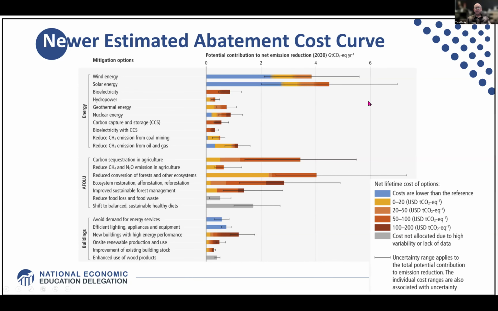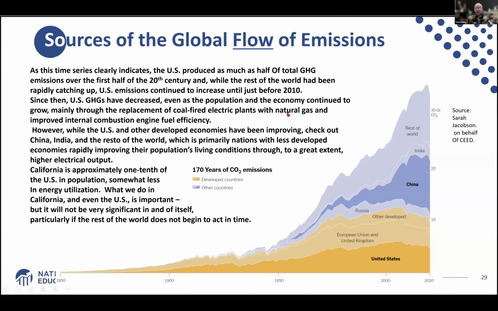By the way, just for reference, this is the 4 gigaton a year line, and the total current world greenhouse gas emission is about in the low 30s. So this is how significant a lot of these can be. Okay, now here are the sources by nation and by geography.